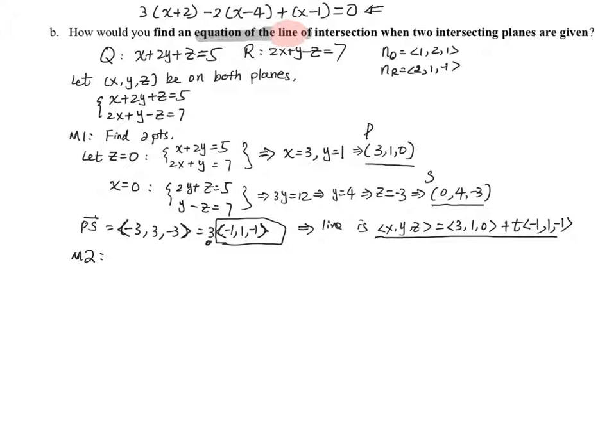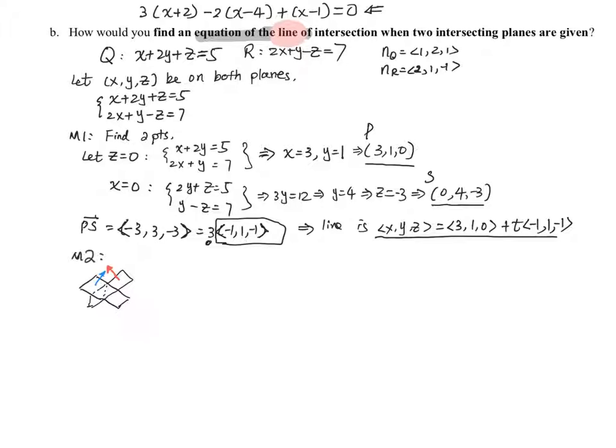If you have 2 planes and they intersect with each other, and this is the line of intersection, suppose this is the normal vector that's perpendicular to this plane, and this is the other normal vector perpendicular to the blue plane.